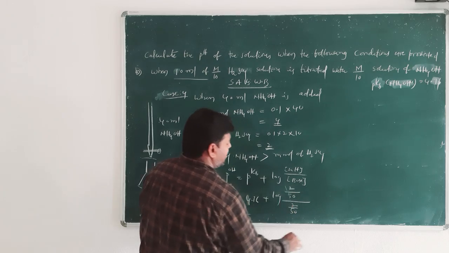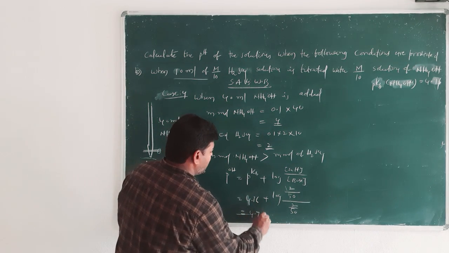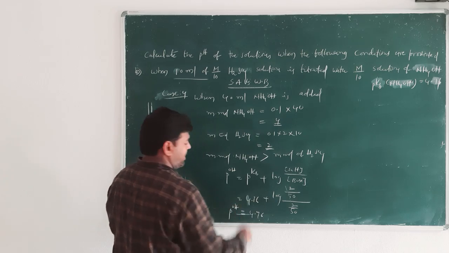This cancels to 1, and log 1 is 0, so pOH is 4.76.